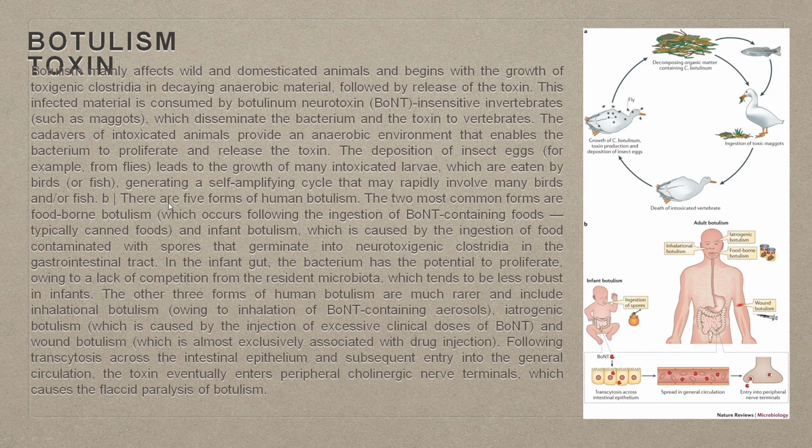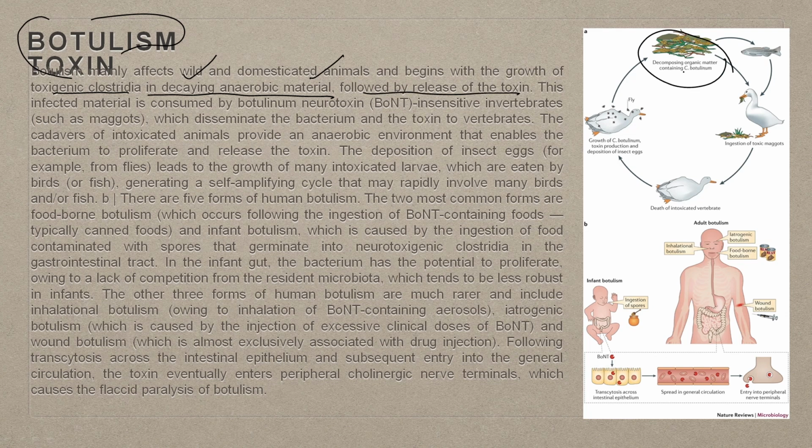Okay, so getting back to the slide. The title of this class will be botulism toxin, and what really botulism toxin is. Botulism mainly affects wild and domesticated animals, and begins with the growth of toxigenic Clostridia, which is the microbe, in decaying anaerobic material, followed by release of toxin.